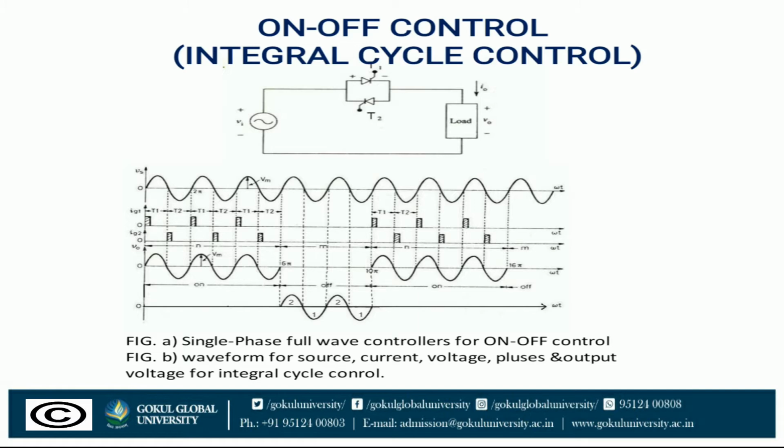Now, we have discussed phase control. Again, we will move towards the on-off control, or integral cycle control. The diagram will be the same, but what we have to do here is give an AC supply voltage, and at the load terminal we will get AC voltage.